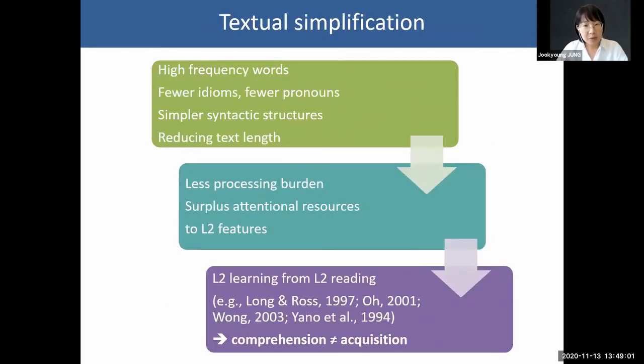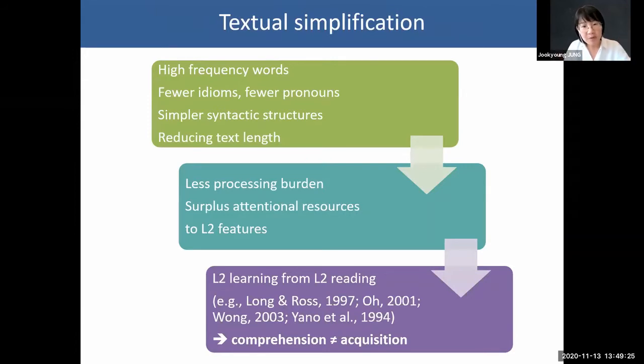When it comes to texture simplification, we simplify the L2 reading text by using high-frequency words, fewer idioms, fewer pronouns, simpler syntactic structures, and reducing text length. And the purpose of doing this is to assist L2 learners' reading comprehension.